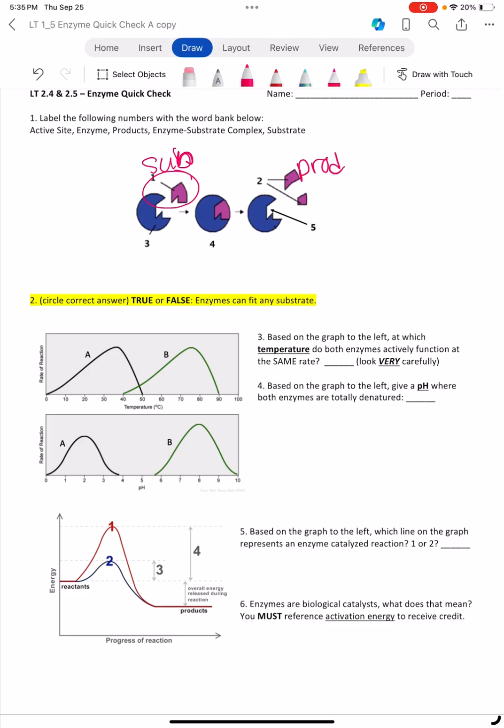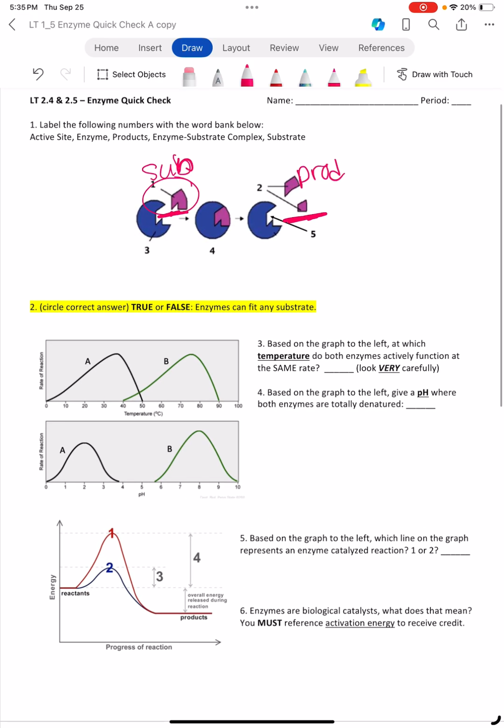We had the full toothpick and we broke it down into toothpick pieces, right? So this blue thing right here is our enzyme. And the enzyme here looks like a Pac-Man, and the mouth of the enzyme is called the active site. That's where it's going to grab onto the substrate.